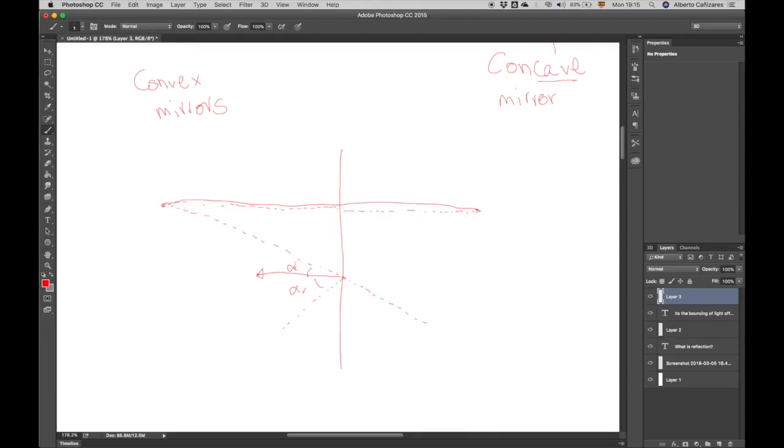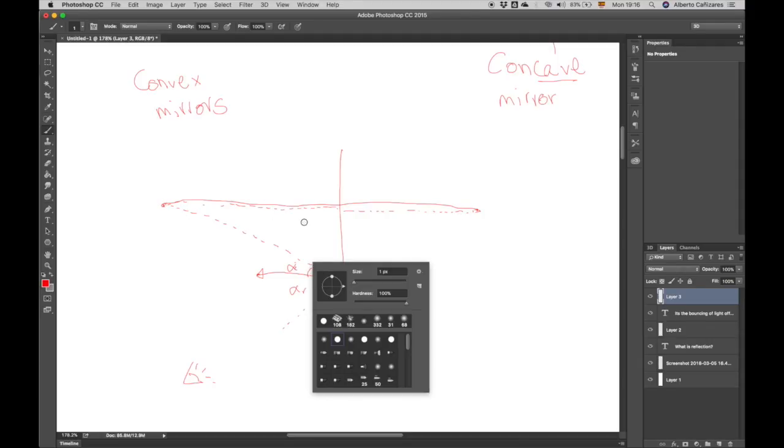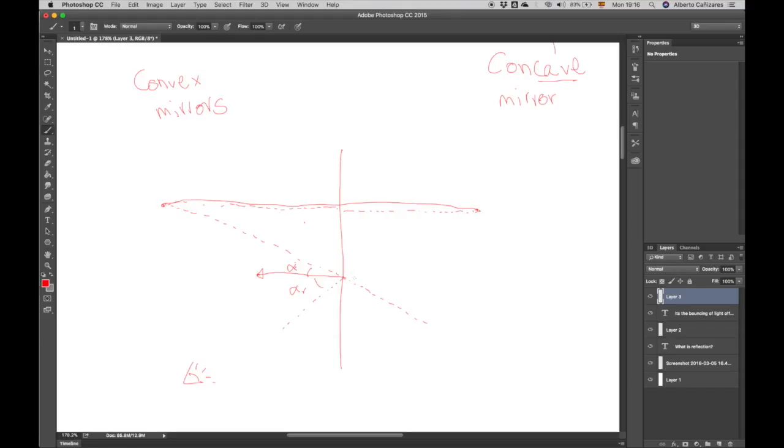All right, so now how can we use this? Well, if you have light coming from, let's say, here, and your eye is here, light coming from this point will bounce and come back in here. What's happening here is your brain, again, will think it comes from this point.